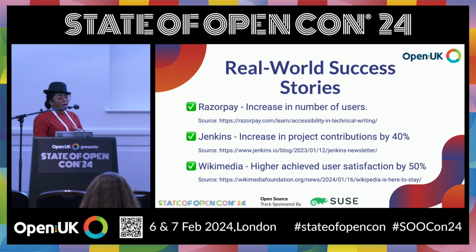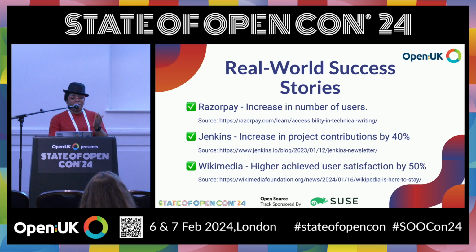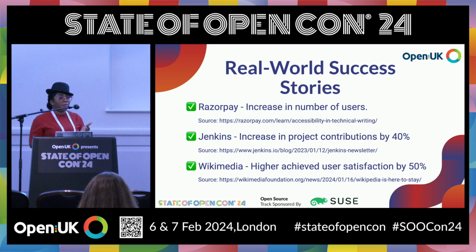And now, we're gradually going to the end. So these are a few success stories from open source projects that have really worked on accessibility. Razorpay recorded an increase in the number of users, meaning they began to think of accessibility and work on accessible documentation.